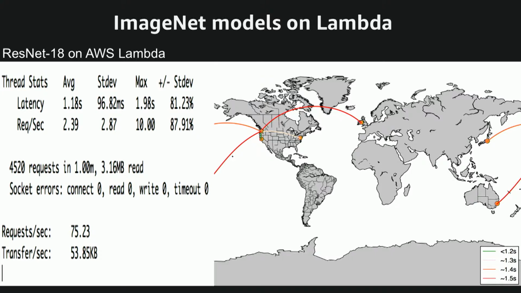It's a simple classification model that tells you what's in a scene, like, is that a person in the scene, or is that an author, whatever. And this is a classic ImageNet model, which has about 1,000 classes. What we see is, even at like 75 requests per second, on the left side in San Francisco, the average was about 1.2 seconds, which is pretty decent when you think it has to go download the model and keep it in cache.